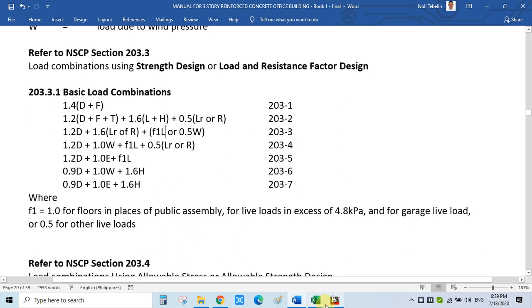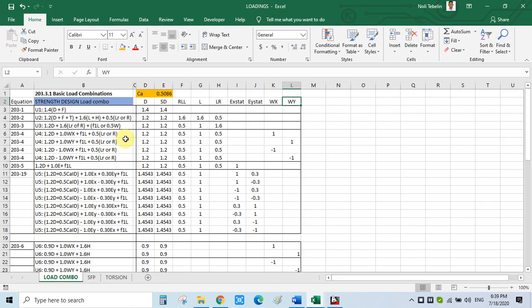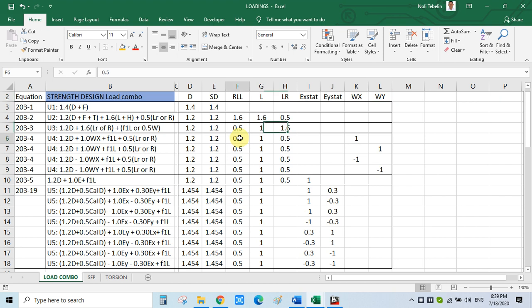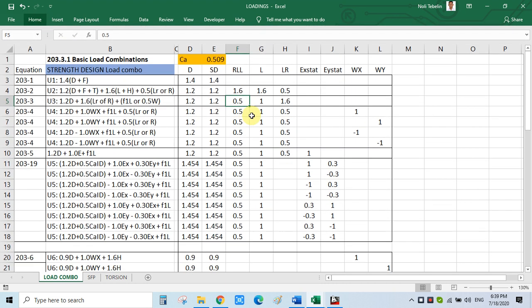Ang assumption ko dito, or ang sa notation natin dito, yung reducible live load, yan yung mga below 4.8. So, reducible live load. And then, itong live load, as discussed, for the F1, 4.8 above, that is equivalent to 1.0 for the F1, kaya magiging 1.0 siya.